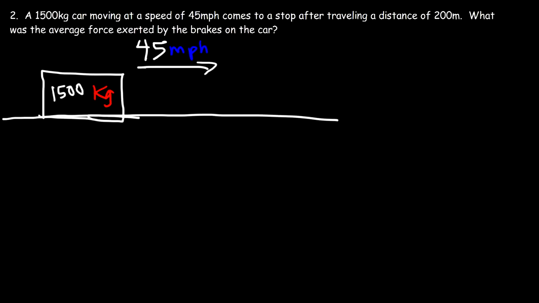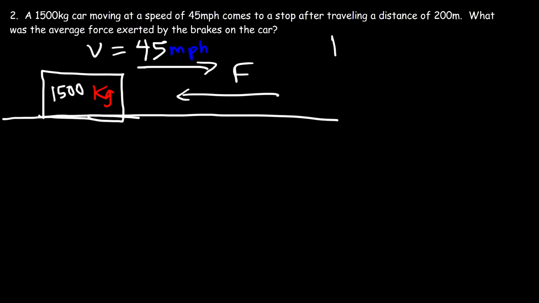Now it comes to a stop, which means it's slowing down until it stops. So therefore, the force that brings it to a stop is opposite to the direction of the velocity. Because remember, if force and velocity are in the opposite direction, then the object slows down.